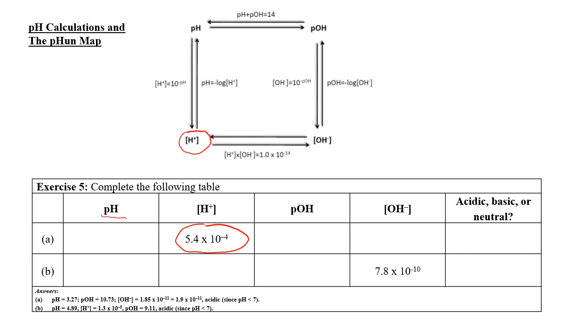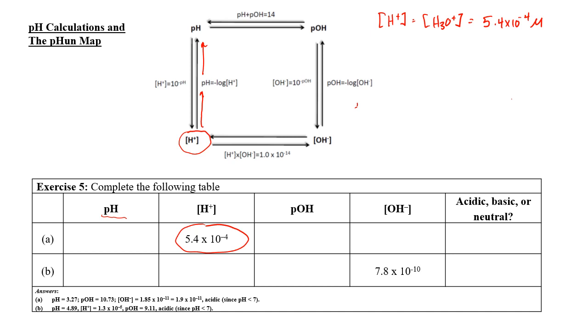So we're going to stay in the right-hand lane. We know the H plus, that's given. We're going to stay in the right-hand lane, and it shows us exactly what equation to use. So in order to calculate the pH, given the H plus, which is the same as the hydronium, that equals 5.4 times 10 to the negative 4th molar.